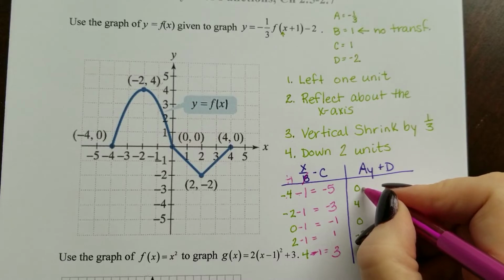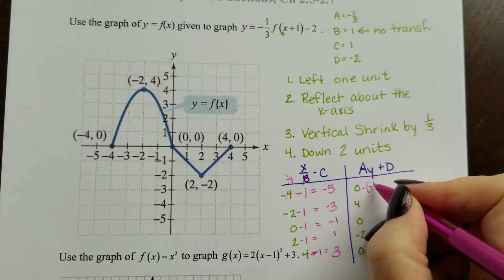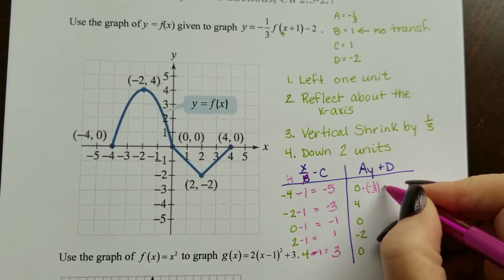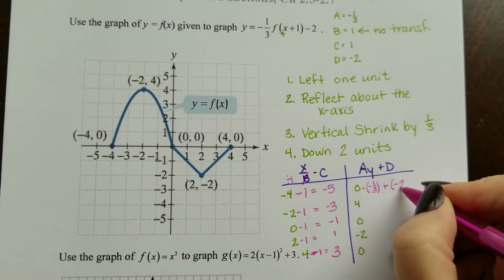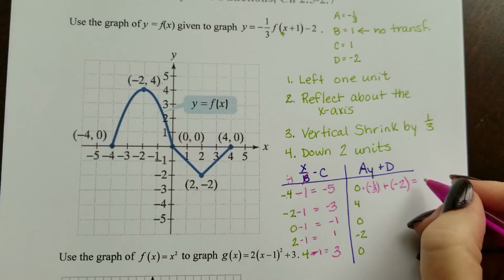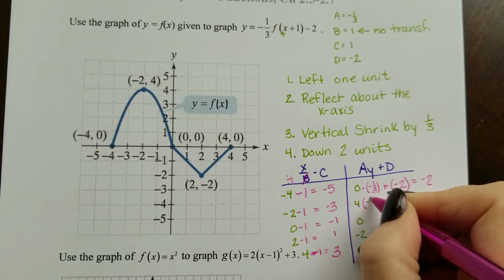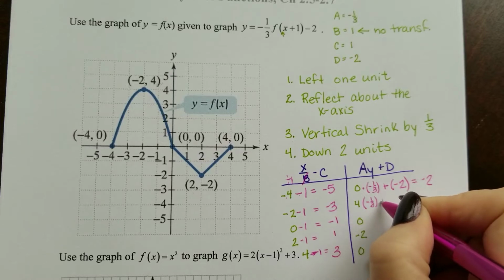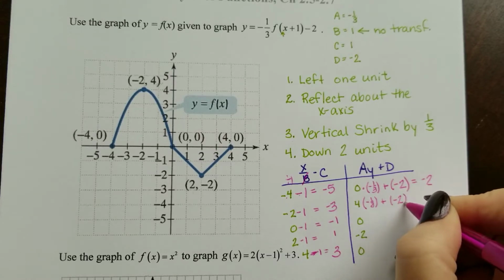On this one, I'm going to multiply it by A, which is -1/3, and then add a -2. So 0 times anything is 0, and that's going to be -2. 4 times -1/3 plus -2.